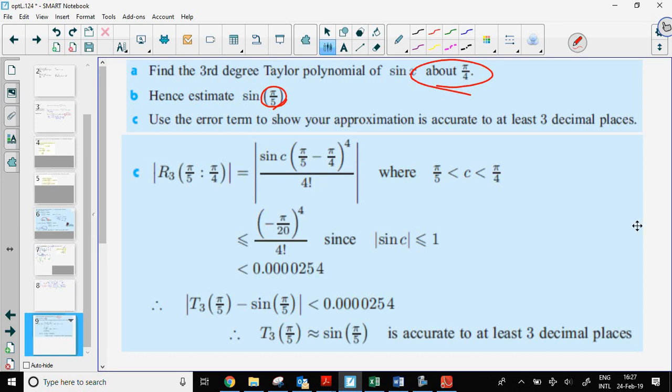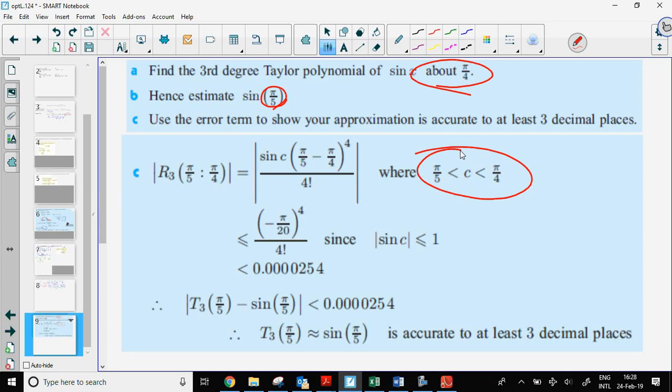Now we want to try to maximize what that error might be. Well, I don't actually know off the top of my head the value of sine of any number within that interval. But you know what? I know that the maximum that sine could ever be is 1.